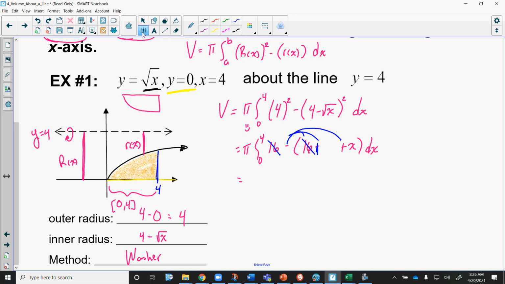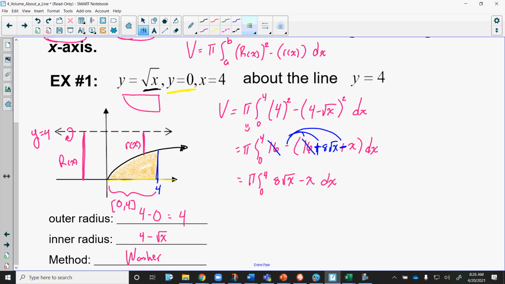I wrote that down wrong. 8 square root of x. So that'll become positive, and this will become negative. So we're left with just the integration from 0 to 4 of positive 8 square root of x minus x, dx.